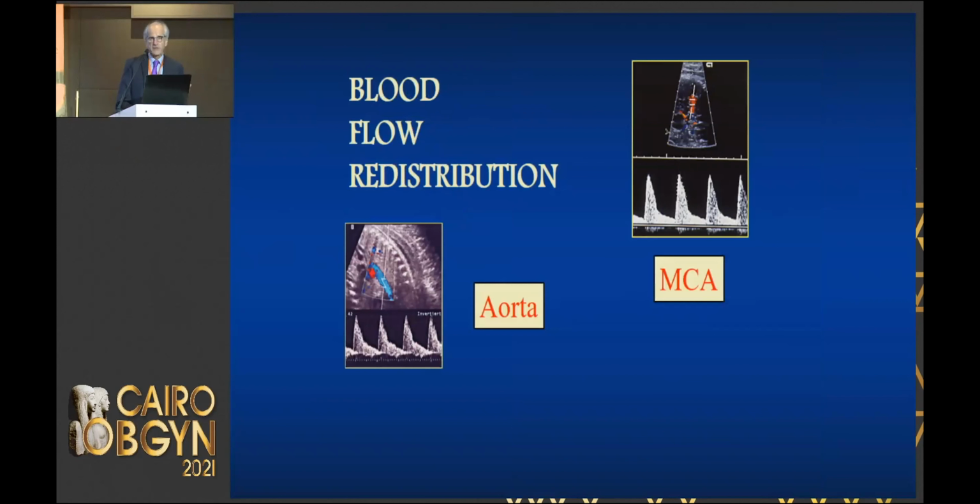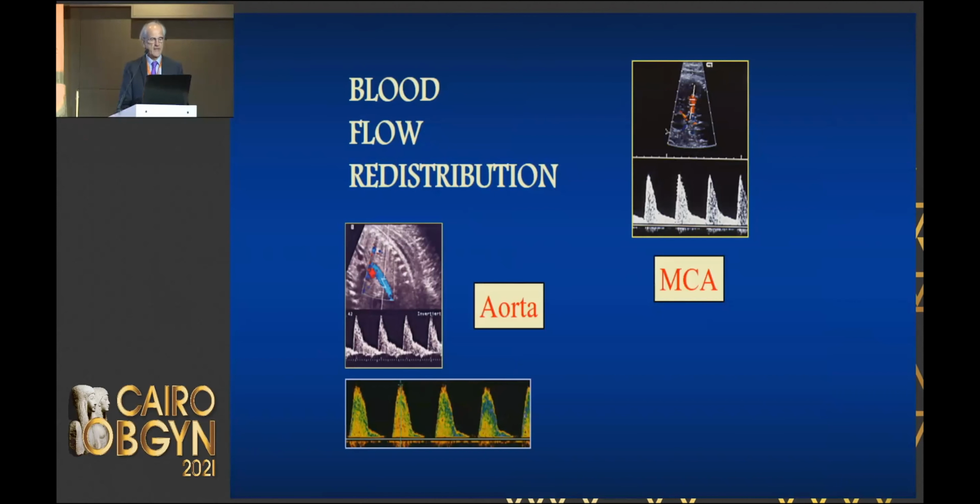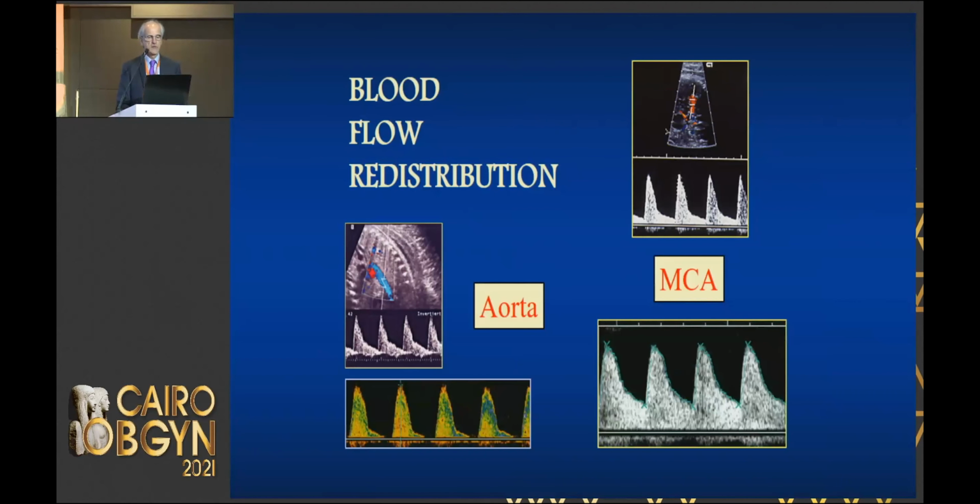Fetal blood flow redistribution originally was defined as the comparison between the aortic blood flow and the middle cerebral artery. And you can see here in the aorta, there's also end diastolic zero flow, whereas in the middle cerebral artery, there's a huge increase in blood flow due to a decrease of cerebral resistance.